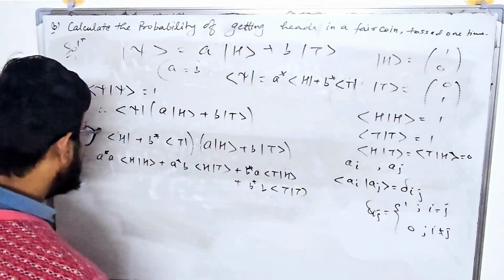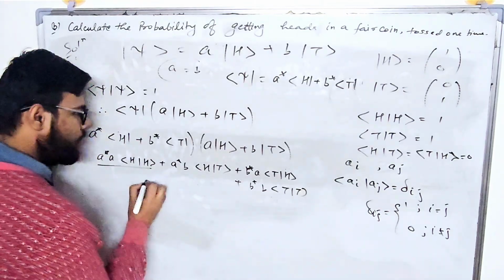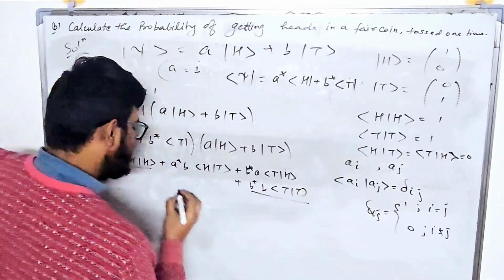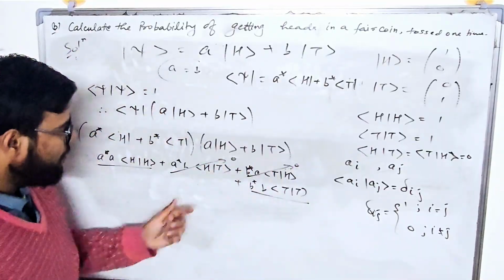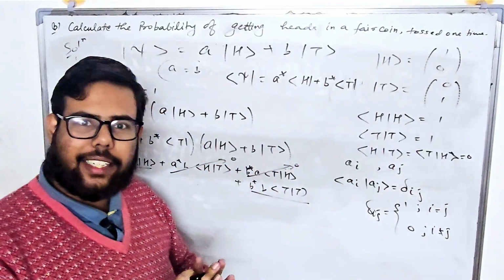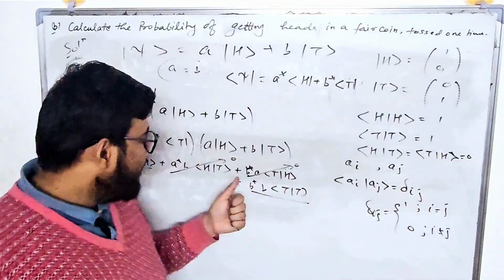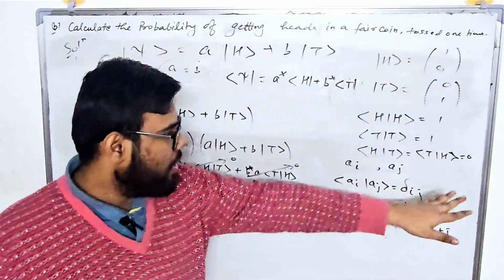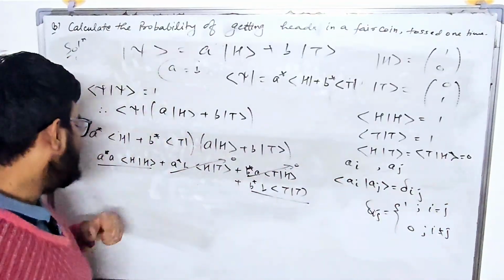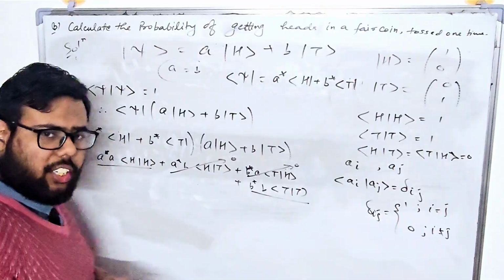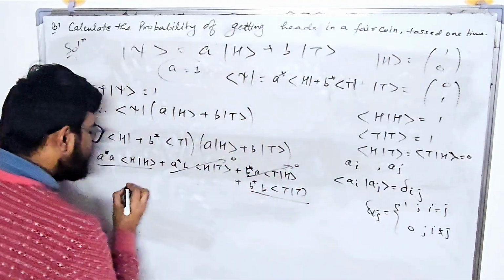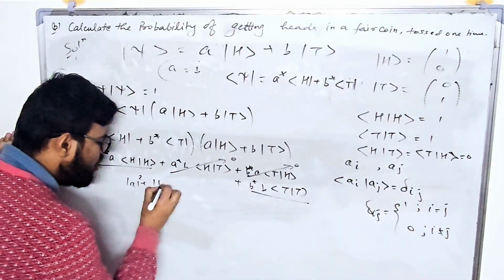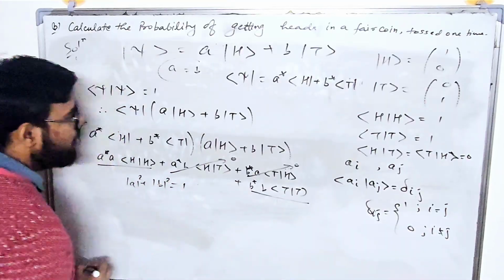The inner product of heads with tails is equal to 0, and the inner product of tails with heads is again equal to 0, and this is equal to 1, this is equal to 1. So what is a times a star? Well, it is equal to modulus of a squared, right? So it is modulus of a squared plus modulus of b squared, and it is equal to 1.